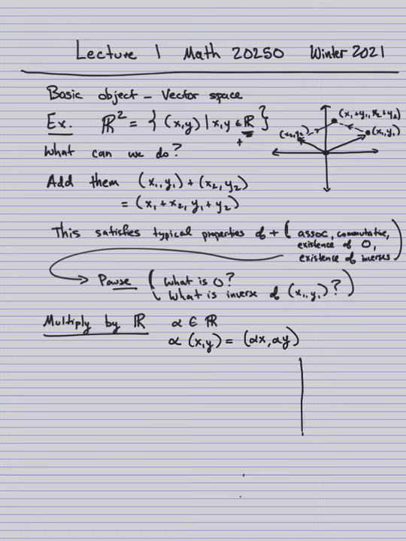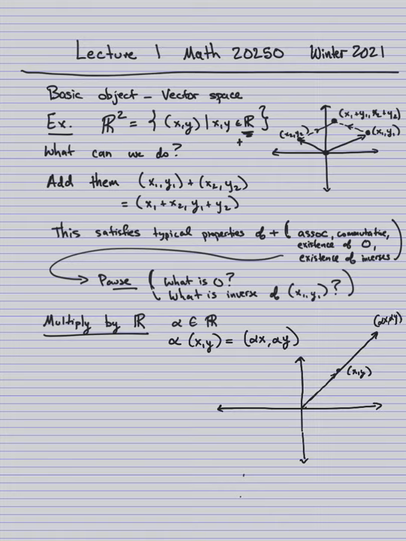Okay, so geometrically, what this does is you take a coordinate pair (x, y), and I'll draw the arrow again. What alpha does is it multiplies; I'm drawing alpha bigger than 1, so I get (alpha x, alpha y).